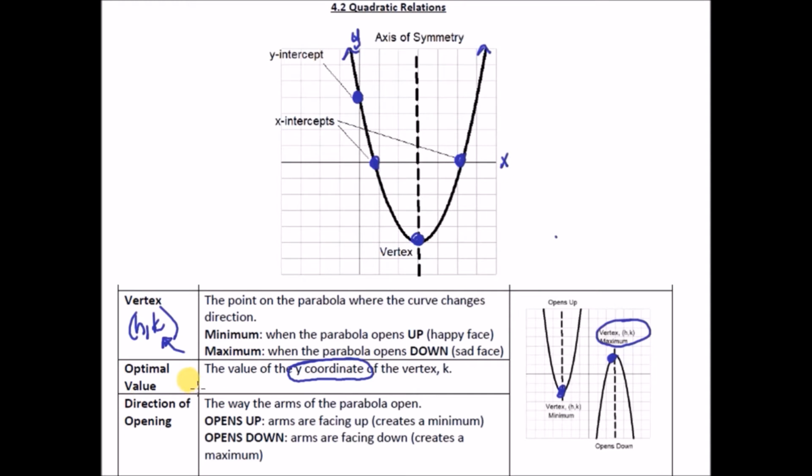And the direction of opening, what this means is, does it open up, like is it a happy face, creating a minimum, or does it open down, meaning is it like a sad face, the arms are facing down, and that creates a maximum. So which one is it? The base parabola opens up, but if we reflect it and flip it down, then of course it opens down.